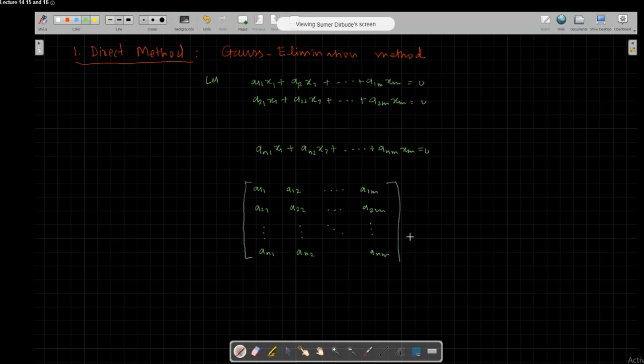You can write it in matrix form, with x1, x2, up to xm, and the right hand side.